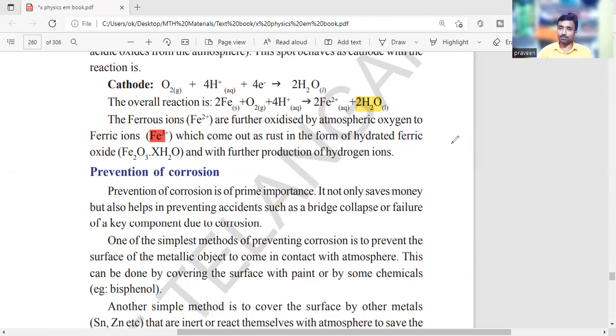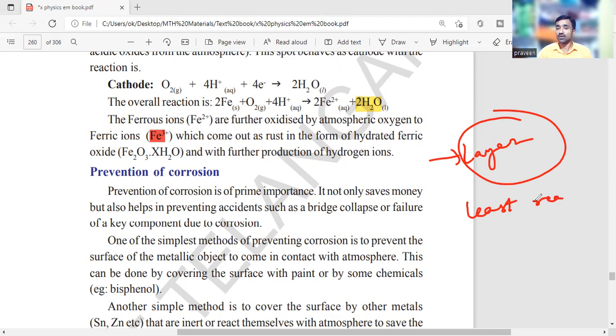So that is the preventive method: avoiding the contact. How to avoid that? Using a layer on the surface that is least reactive. Maybe cover the surface of the metal with plastic, which does not react, or a least reactive metal, which takes many years to react.